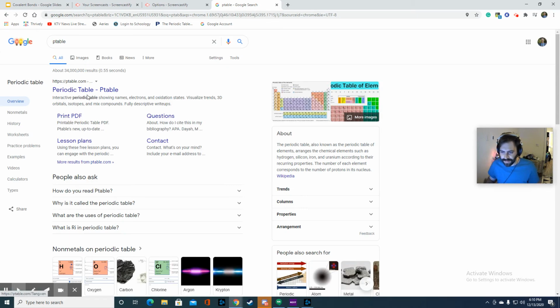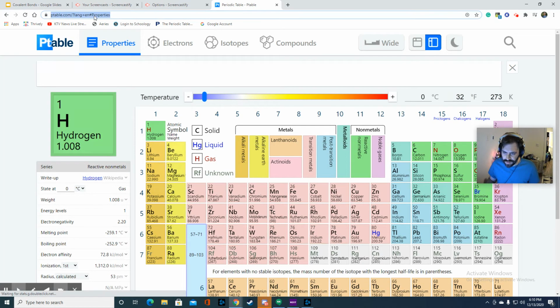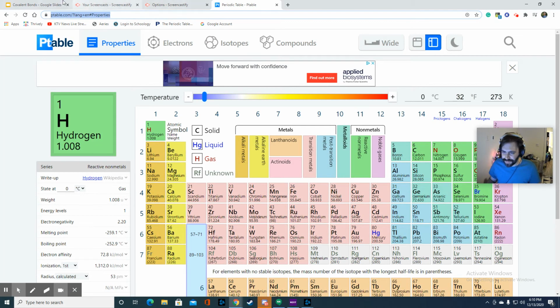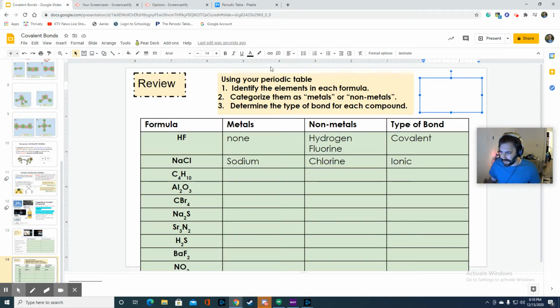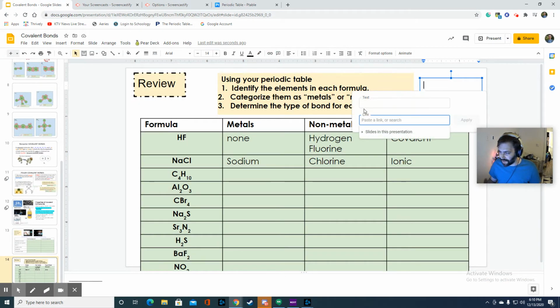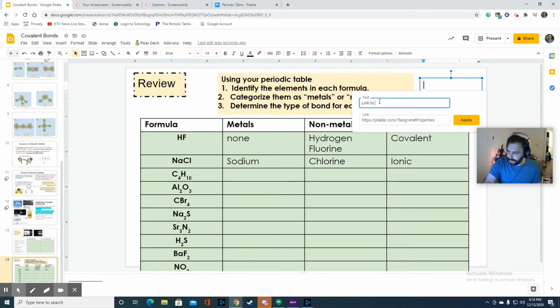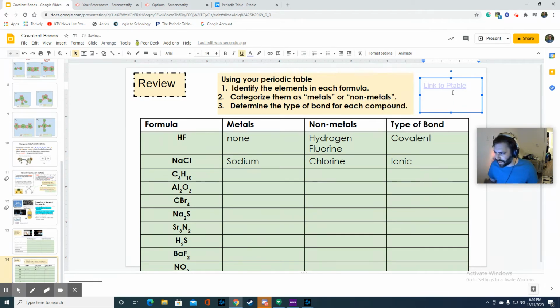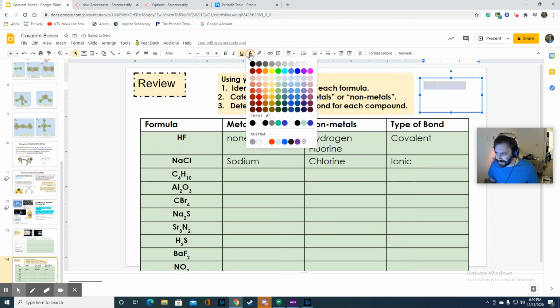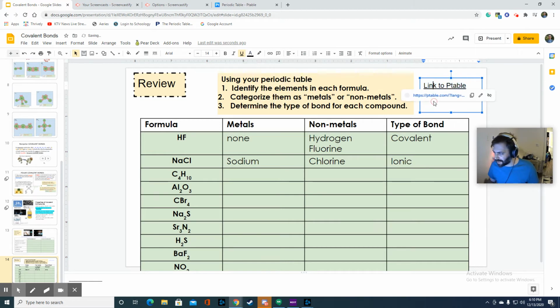Okay. So here's P table. Let me just add this link really quickly. Boom. It always shows up as this really lavender color. I don't have anything against it, but it's just really hard to see.